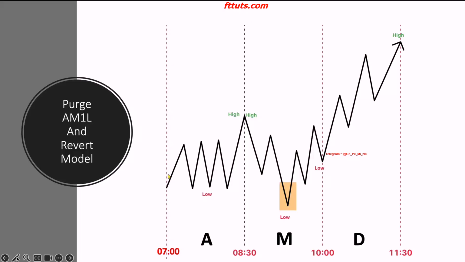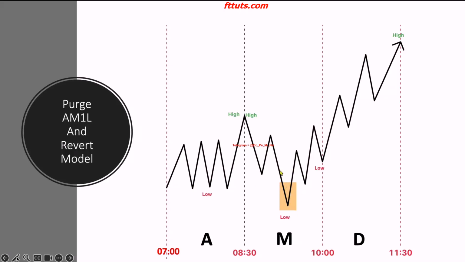This occurs when the first AM cycle has been a consolidation, when the market went sideways, then at 8:30 the market begins to run lower, purging a sell side liquidity below 7 to 8:30, below that first AM cycle. Smart money buys down here.